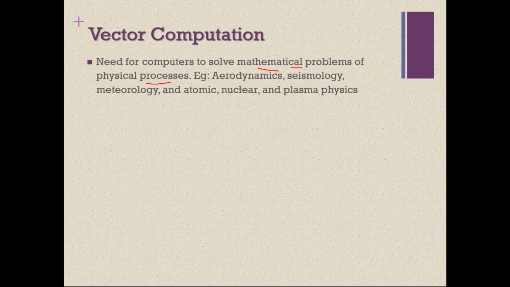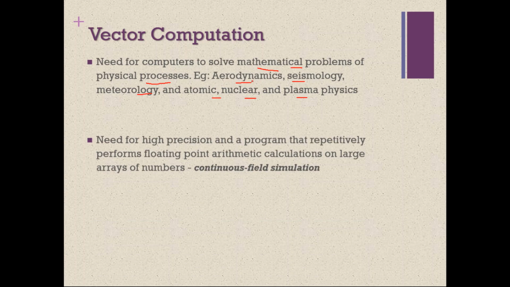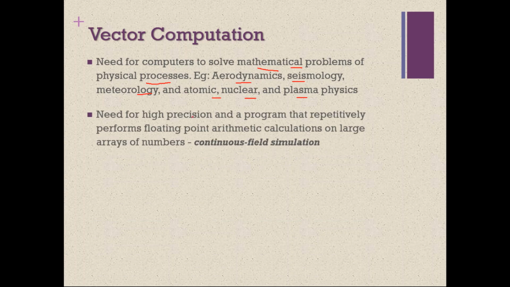These are some of the examples: aerodynamics, seismology, meteorology, atomic, nuclear and plasma physics. These are areas where a lot of mathematics is involved, and they need very accurate results. It is not that an approximate result will do. It also involves a lot of floating point arithmetic operations.